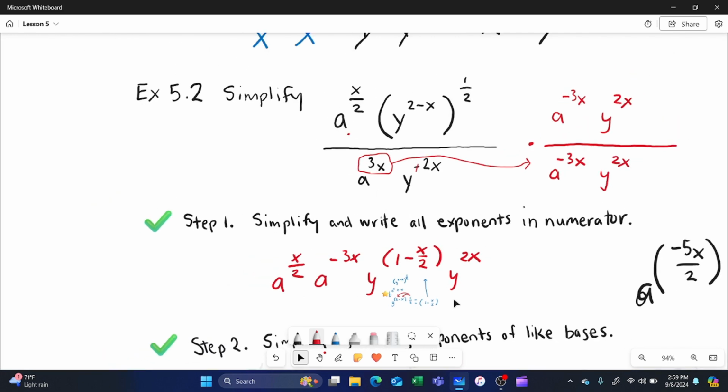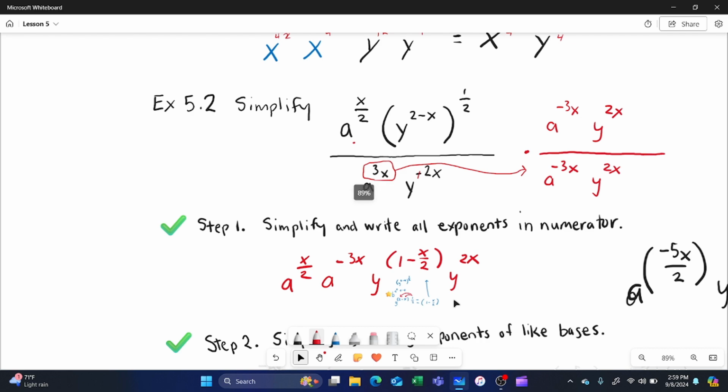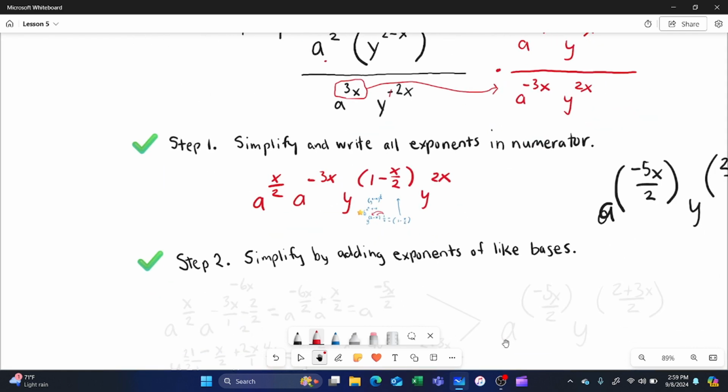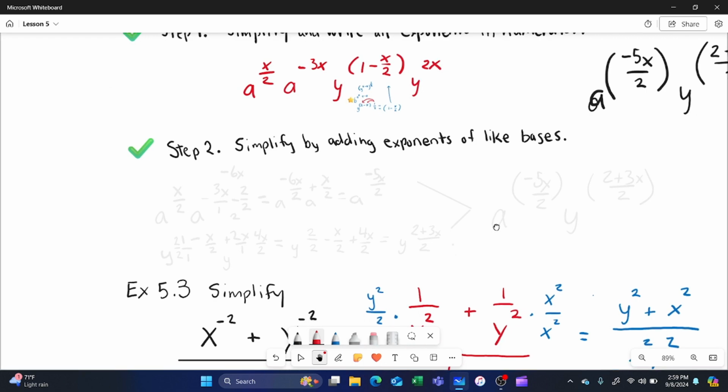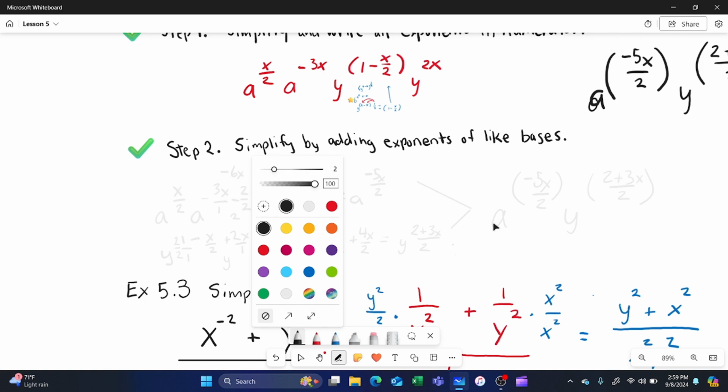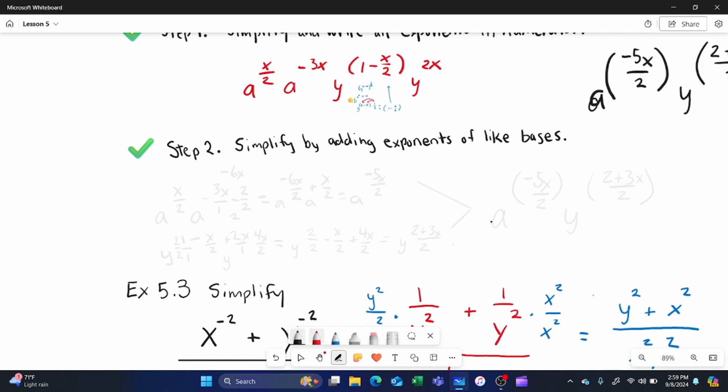All right. Ultimately, we will go on to step 2. It gets a little bit involved with all this math. I've got it grayed out here so we can go over it together. So when we get our a to the x over 2 times a to the negative 3x, well, we're going to have to add these together.